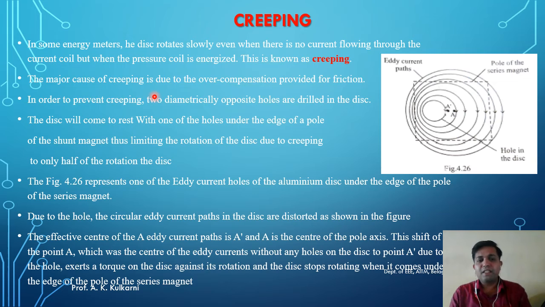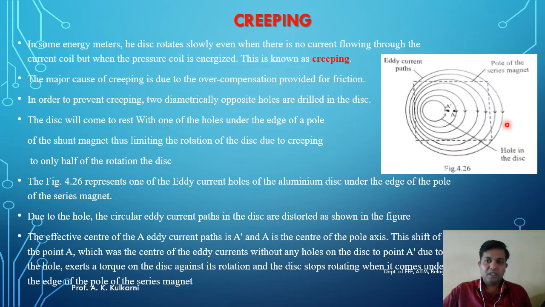In order to prevent this creeping, two diametrically opposite holes are drilled on the disc. Suppose this is the disk rotating inside the energy meter; we drill two evenly opposite holes on this disc. Now the disc will come to rest with one of the holes under the edge of the pole of the shunt magnet, and thus limits the rotation of the disc due to creeping to only half a rotation.